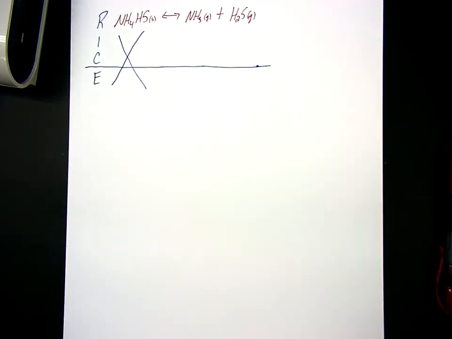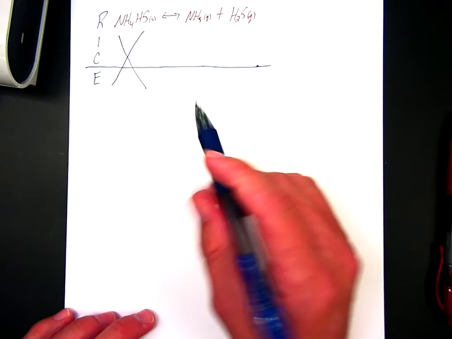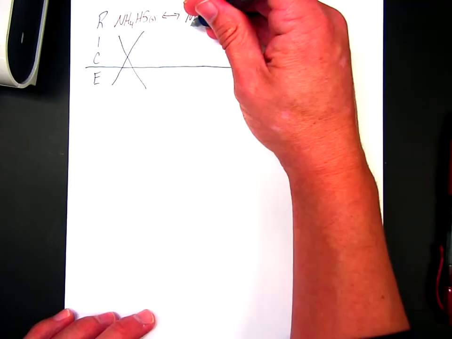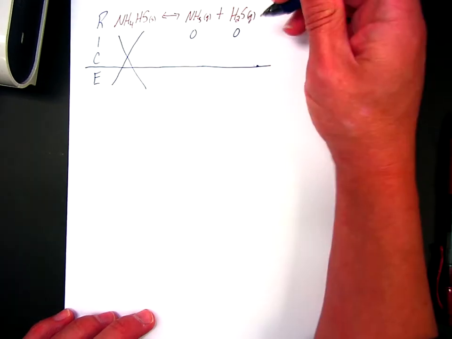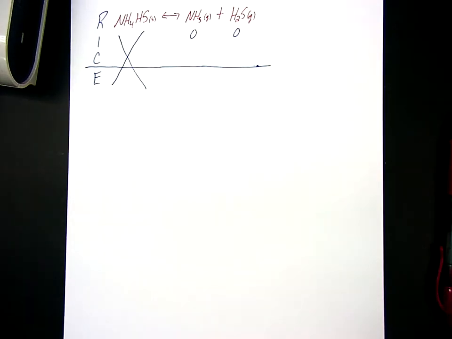And then, if you read the items given in the problem, you'll see that our initial concentration of both products is going to start at 0.